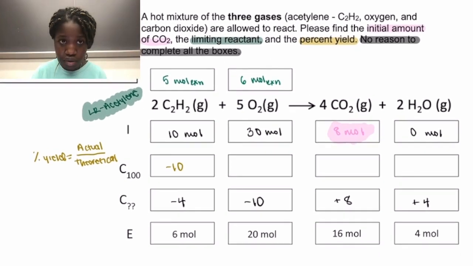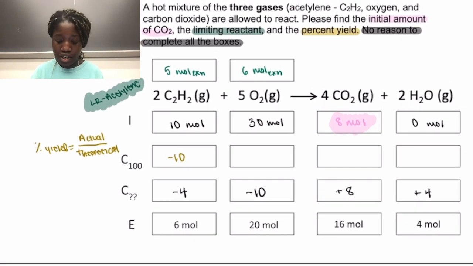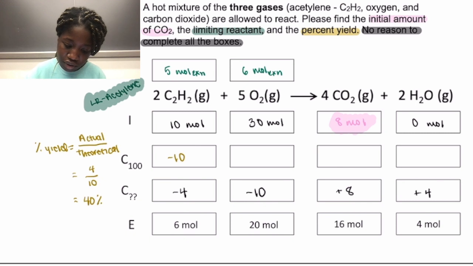Now, in this case, our actual is our change question mark, and our theoretical is our change 100. So our percent yield is going to be 4 divided by 10, otherwise 40%. And that is our final answer.